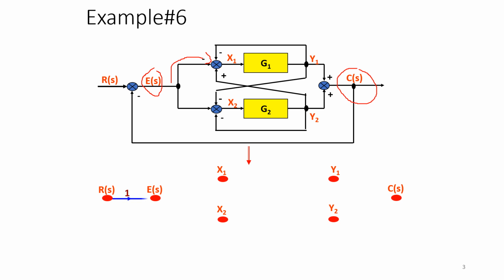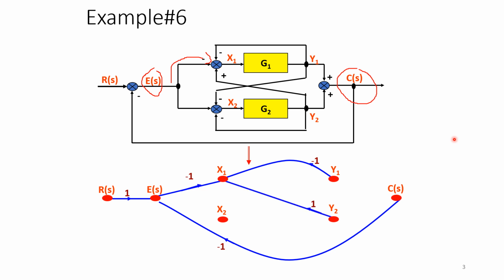So please do observe. I am connecting R with E and C with E(S). This is the feedback that we have, and then see the connections properly. If you do not have any gain, I am directly taking it, so it is represented by 1. Here you have the feedback, but since it is minus, I am taking the gain to be -1.